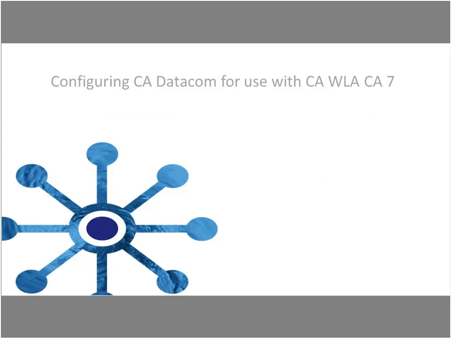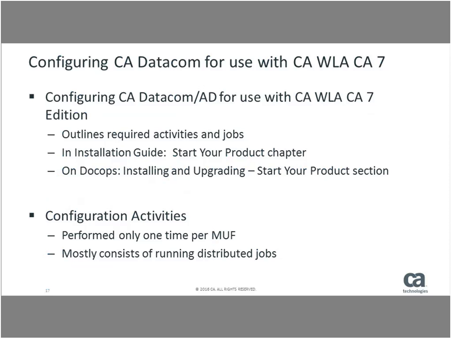All right, we'll go into the section about configuring Datacom for CA7. Basically, configuring Datacom is outlined in the install guide, and the sections are within. I'm not going to really go into detail on those.